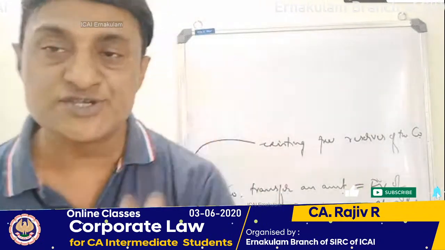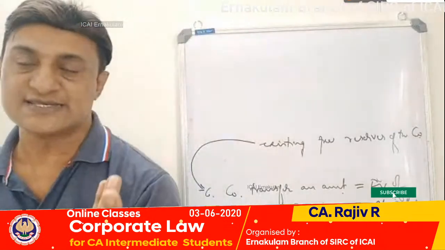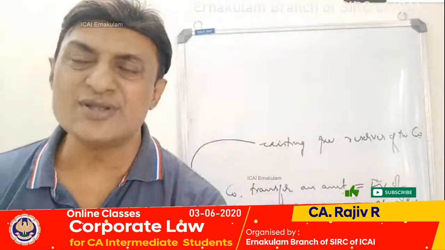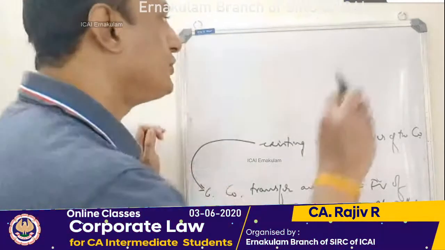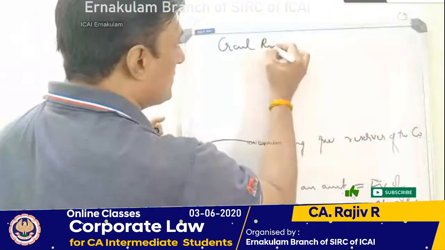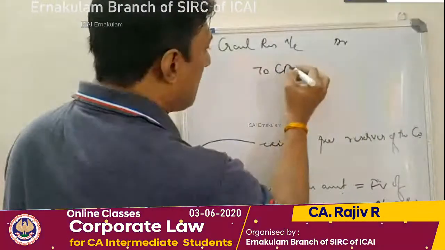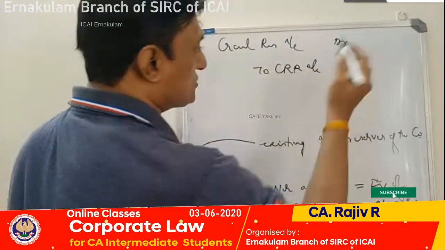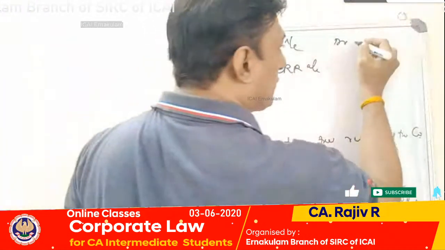My question to you, a chartered accountant, as an intern student, is: it is after all just a journal entry. See, what is the journal entry here? Let us say I am utilizing the general reserve. General reserve account debtor to capital redemption reserve account. Let us say the redeemable preferred share capital is 1 crore.